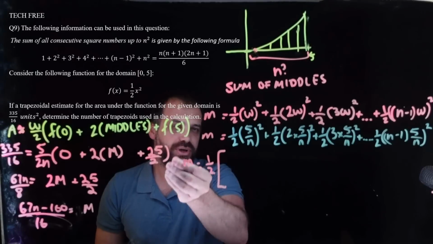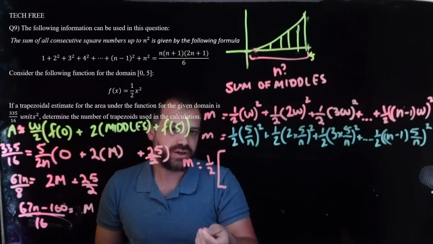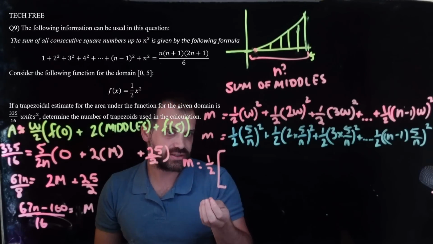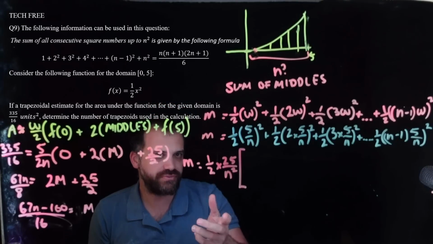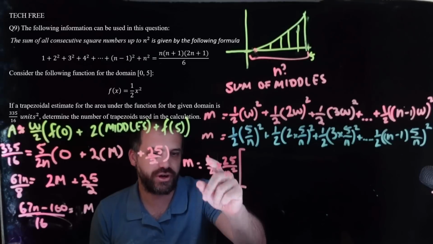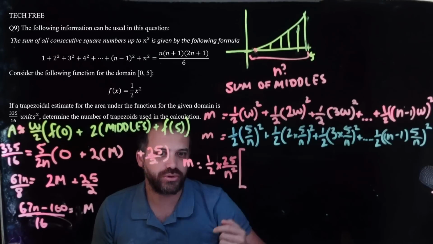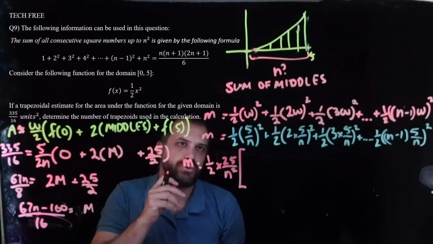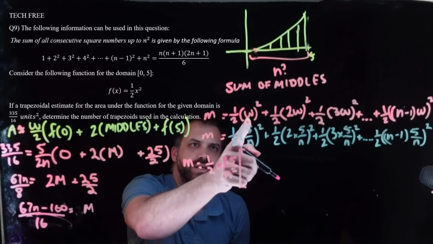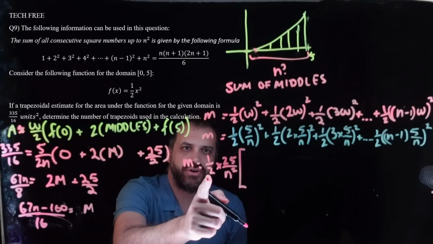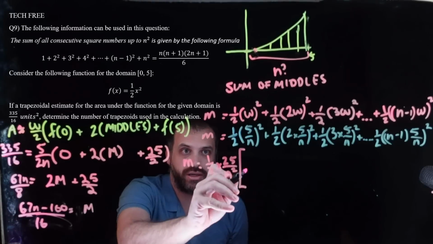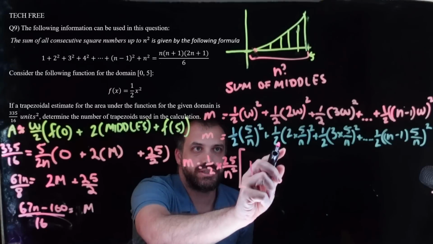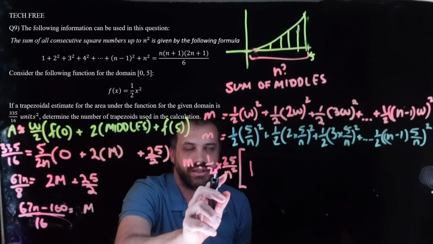So not only can I bring out the common factor of 1/2, I can also bring out the common factor of 25 on n squared. So now that I've brought out common factors of 1/2 and 25 on n squared, what are all of my terms? Well, to get this from this, what do I need to multiply this by? Just the number 1. What do I need to multiply this by to get that?